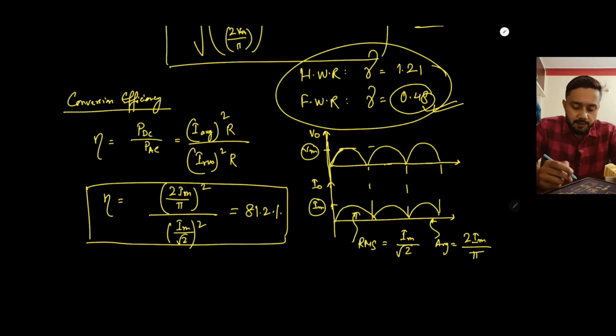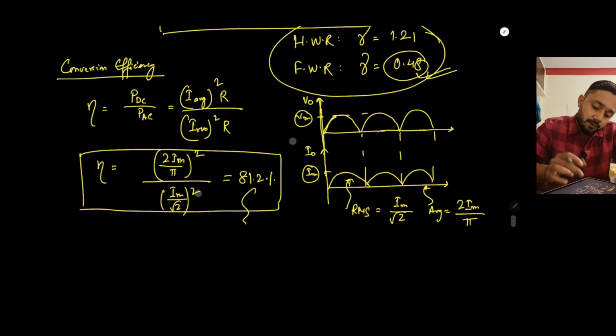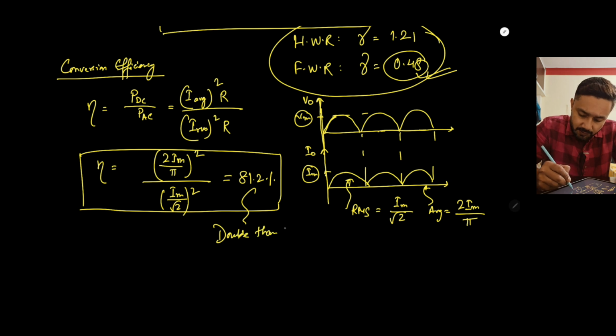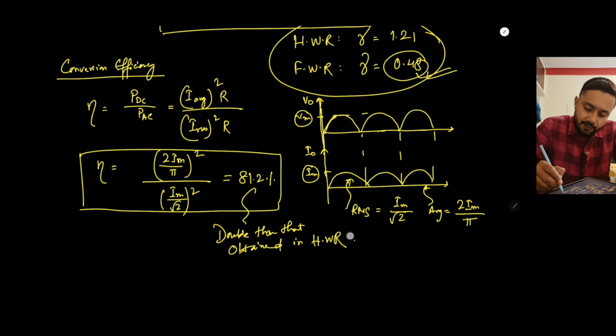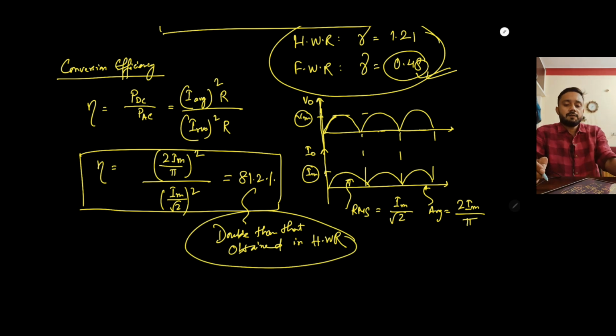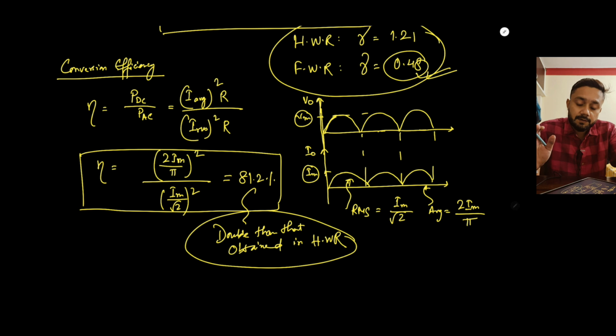So it is double that obtained in the half wave rectifier. We can see that the full wave rectifier is much better than the half wave rectifier in terms of both conversion efficiency and ripple factor.